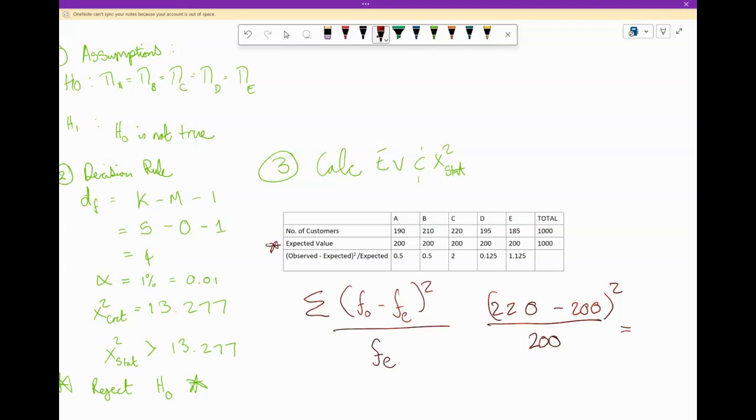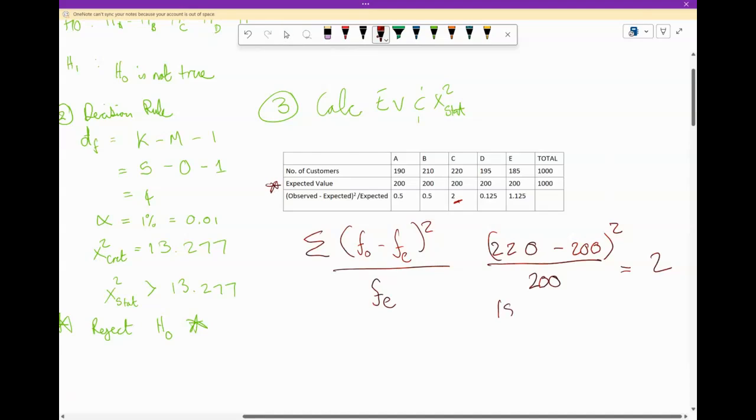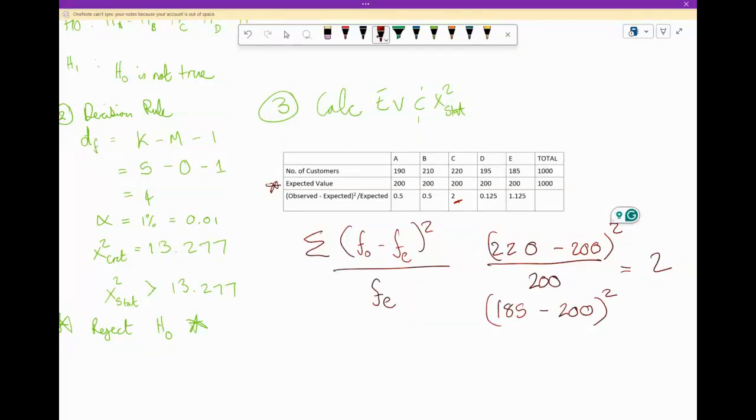Divided by 200 should give you 2. Okay, so we are getting a number there. Which next one should we randomly calculate just to make sure? E, okay. So they were saying 185 minus 200 this time. So that's obviously going to give us a negative 15, isn't it? Negative 15 squared divided by 200. What do we get?